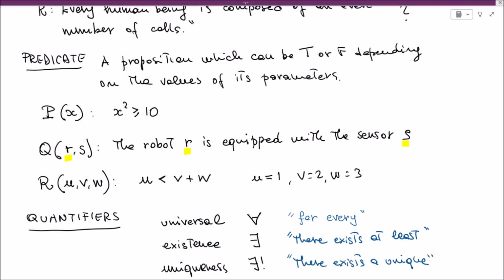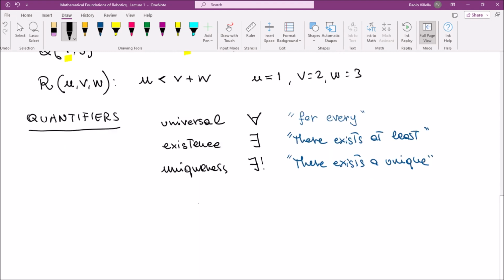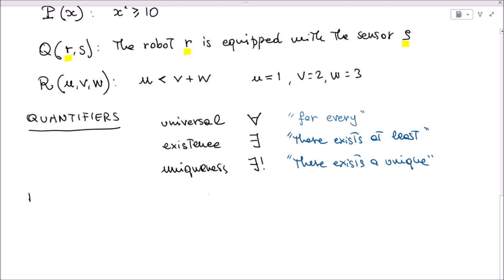Instead of giving a generic definition, maybe it is better if we just give examples of how to use these quantifiers. Consider once again the predicate p of x, depending on one parameter x, that we have already seen previously: x squared larger than or equal to 10.